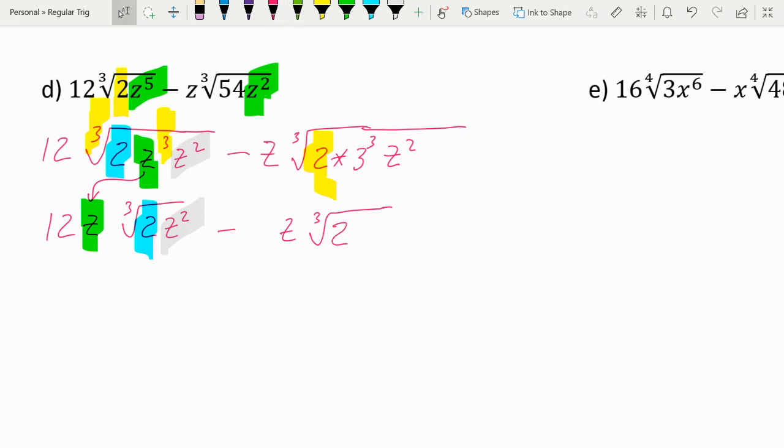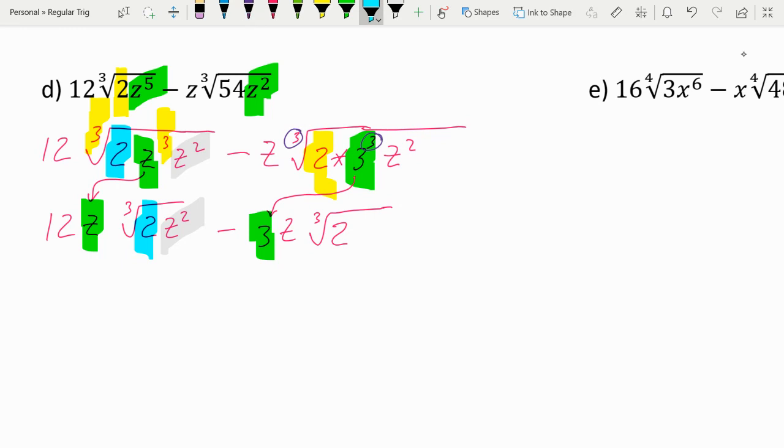Now, what about this 3? I'm going to yank it out from underneath because it has an exponent of 3. Again, what did I look at? The index and that exponent. So I was able to yank it out.